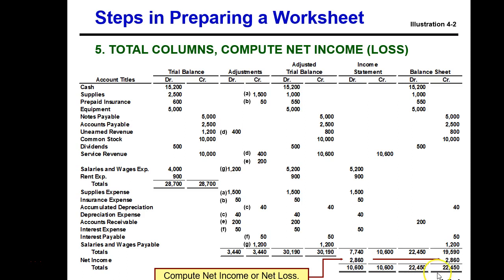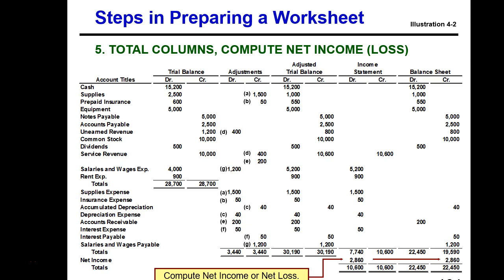Now the debit and credit columns of my balance sheet are in balance. Once all 5 sections are in balance, the trial balance section, adjustments, adjusted trial balance, income statement, and the balance sheet, you have now completed all 5 sections of the worksheet.